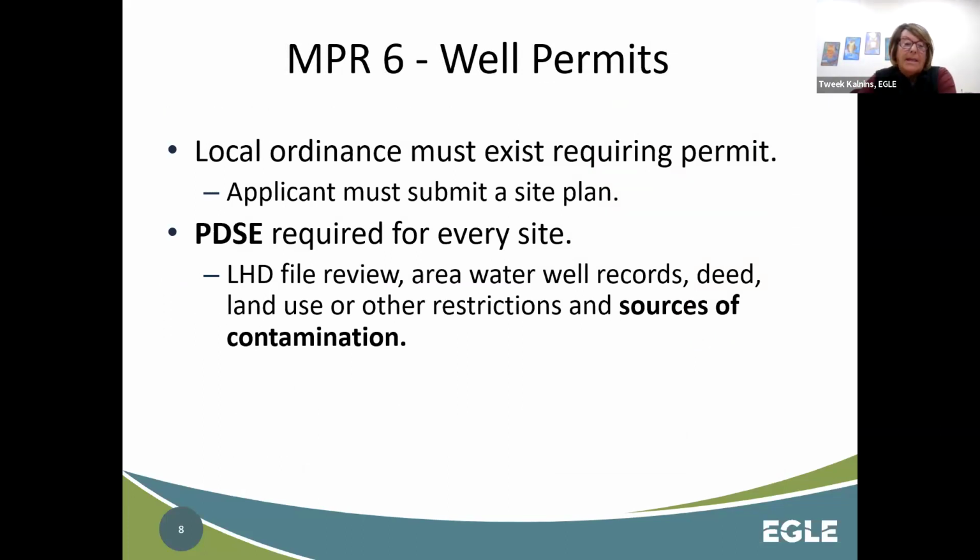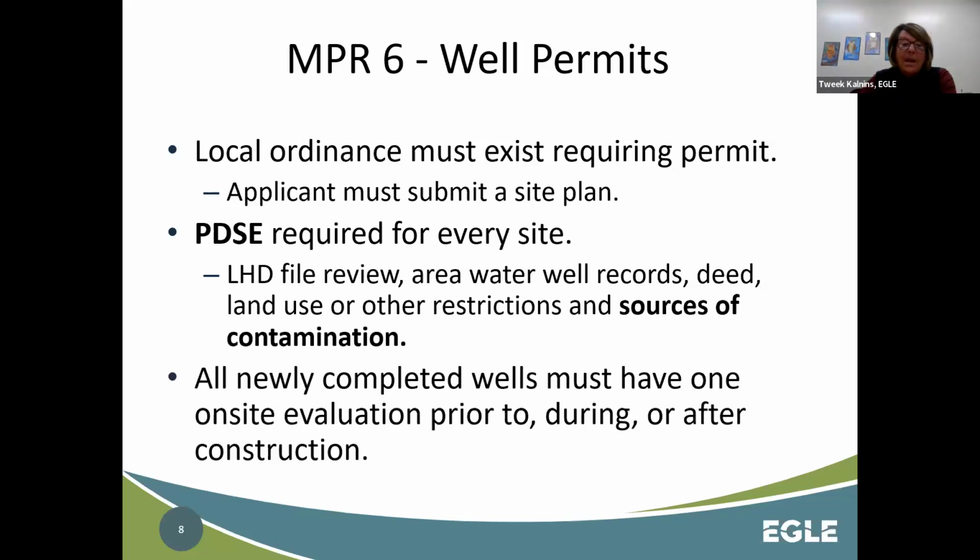And that includes looking at water well records, deed restrictions or land use, and sources of contamination. And then all newly completed wells must have one on-site evaluation prior to, during, or after construction. Within the follow-up, you also want to make sure any well that needs to be abandoned is addressed on the permit.